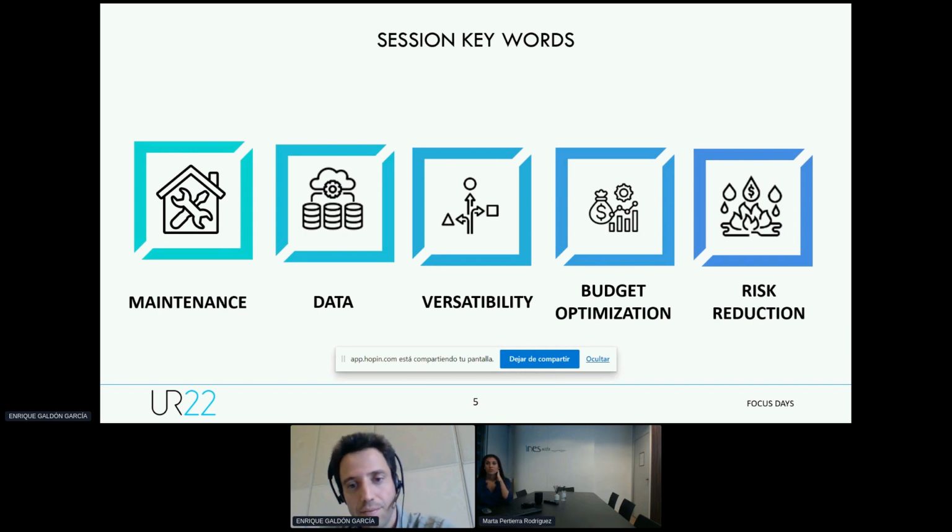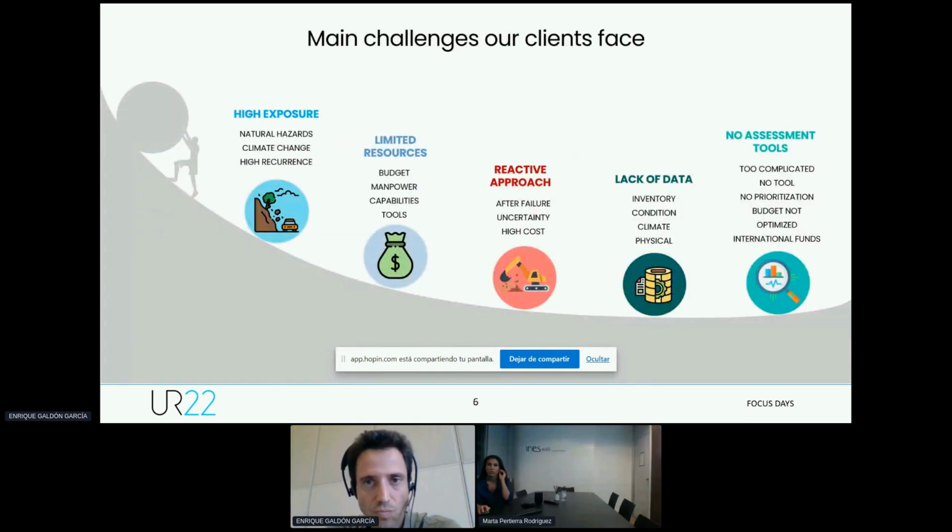And the fourth keyword would be budget optimization. How can we, by making informed decisions, improve the budget allocation in order to get the risk reduction that we are all willing to achieve. That would be the last keyword.